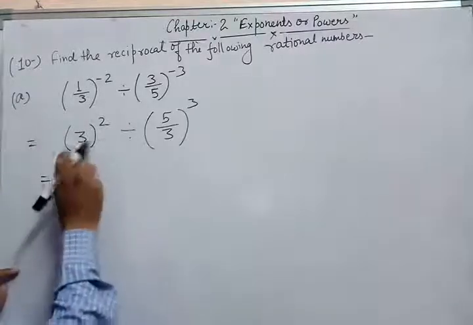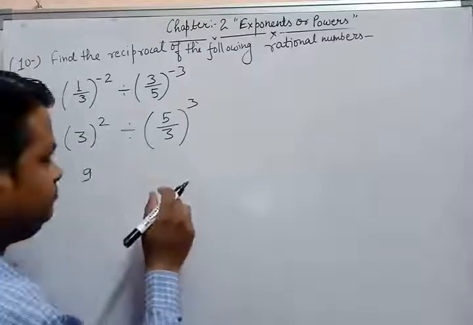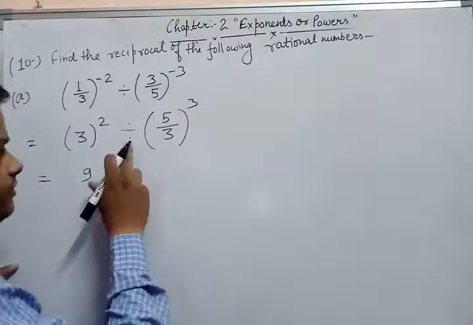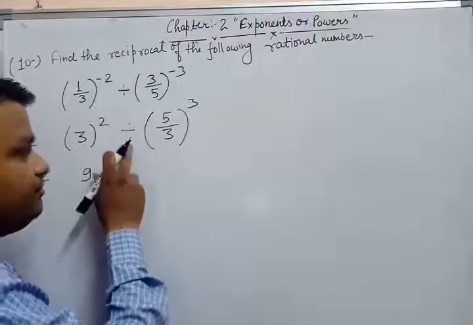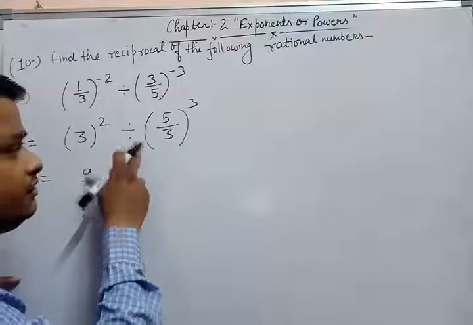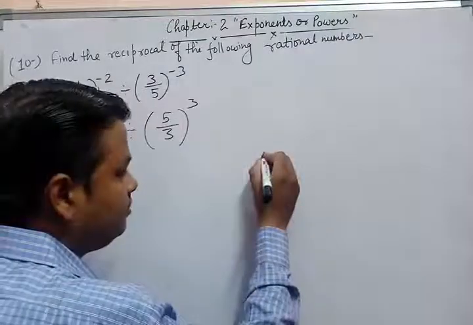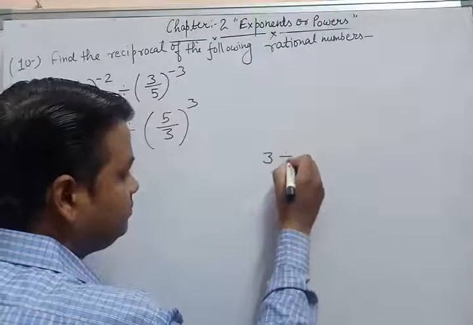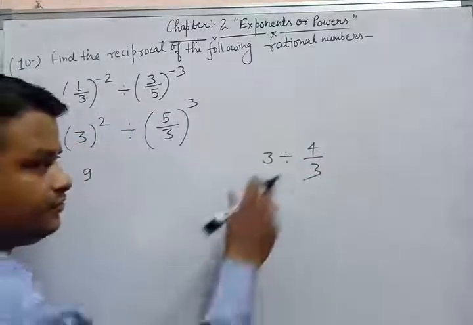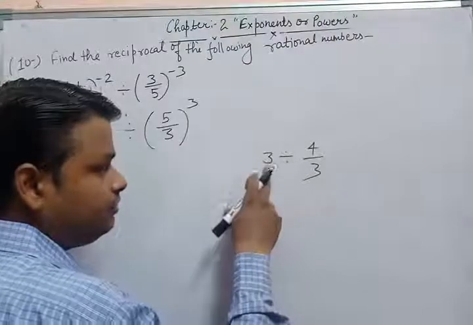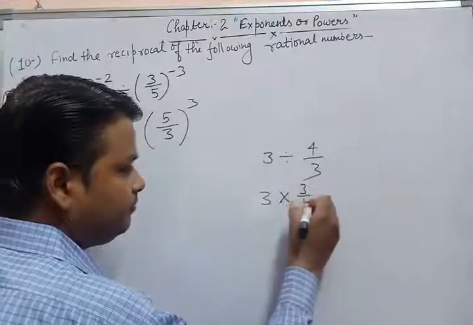So 3 squared is equal to 9, and you know that if we change the divide operator to multiply, then we write the reciprocal of this. If you divide a whole number by a fraction, then we can write 3 multiplied by 3 upon 4.